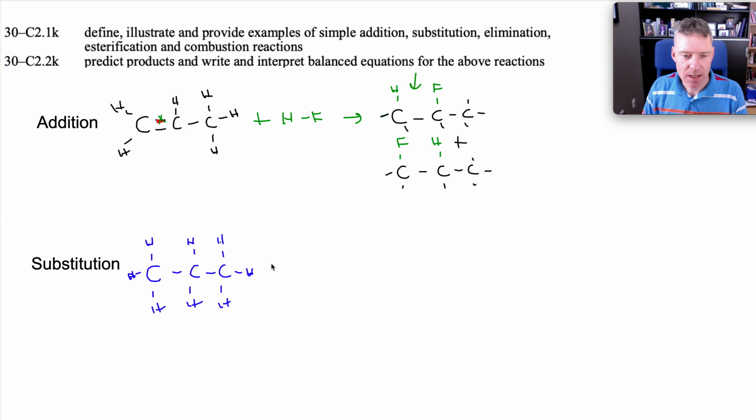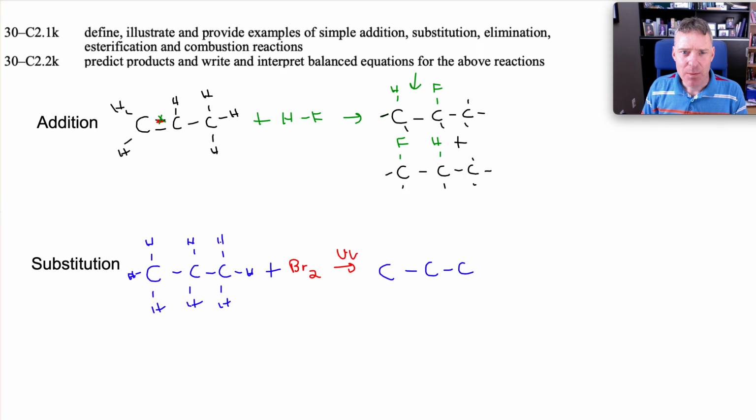That's that 2n plus 2 pattern. I'll add bromine to it. You do need ultraviolet radiation. These are those sigma bonds that are really strong, so they're not going to break if you just dump in bromine. But with ultraviolet radiation, you get some radical chemistry that we're not studying, but you can get one of those H's to pop off.